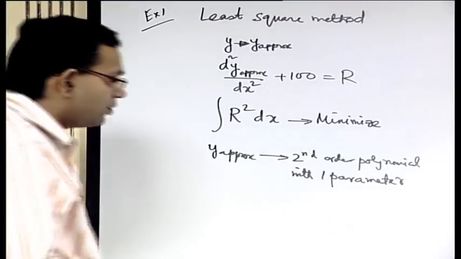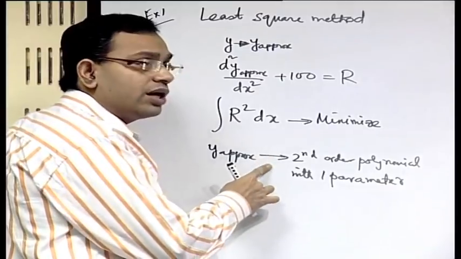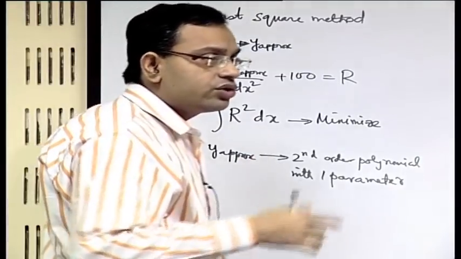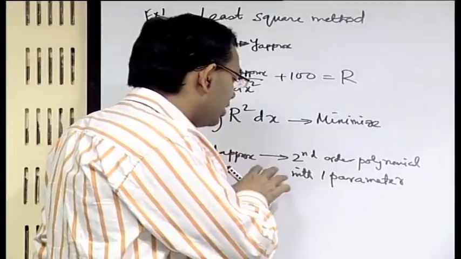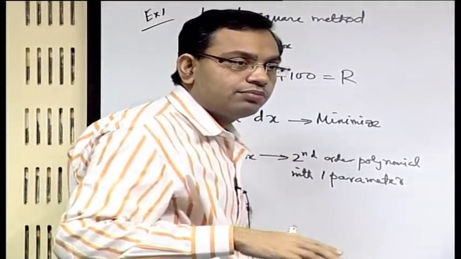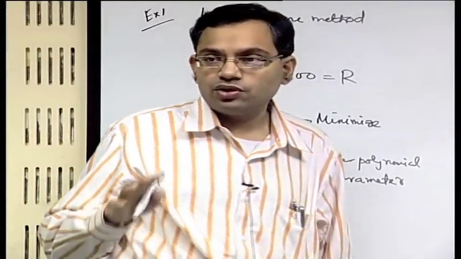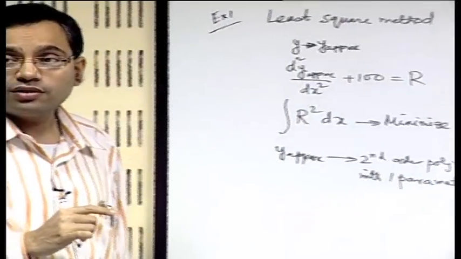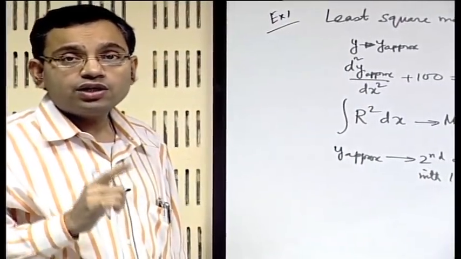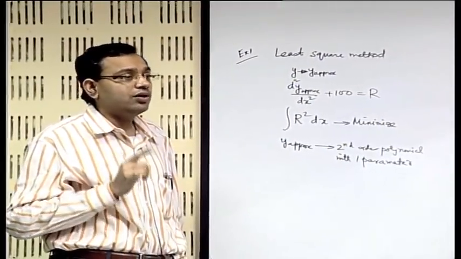So, what can be its form? What are the requirements that it should satisfy? It should be continuous. Obviously, when we consider a polynomial, by nature it is continuous. So, we do not have to bother about the continuity of it, but most importantly it should satisfy the essential boundary conditions.